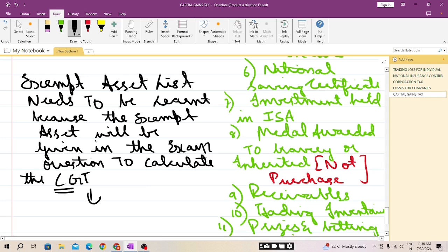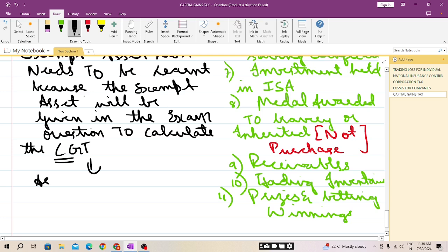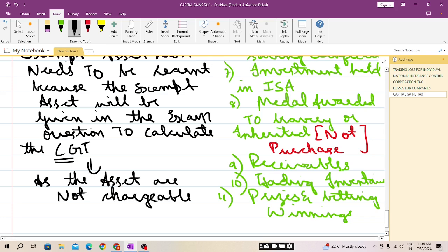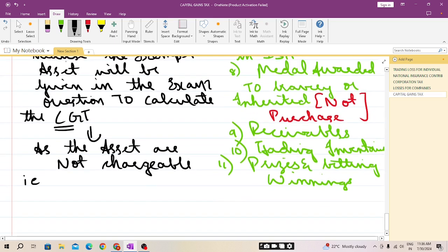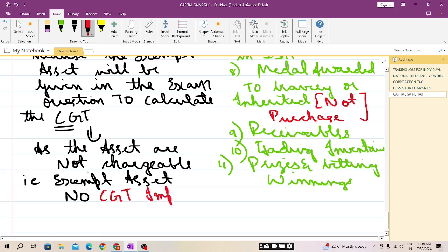So exempt assets are the assets that are not chargeable, so that is exempt assets, no CGT implication, student.